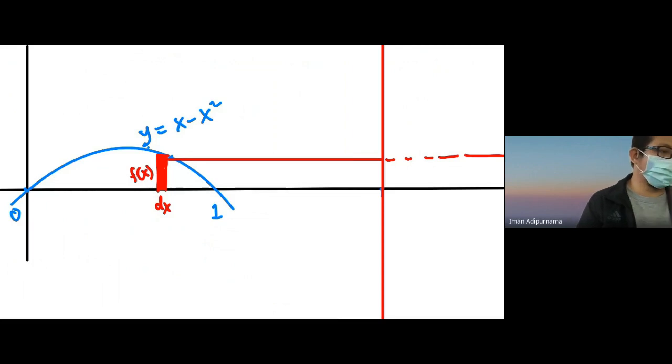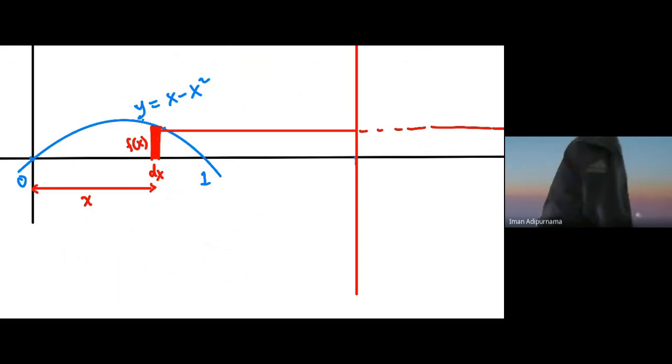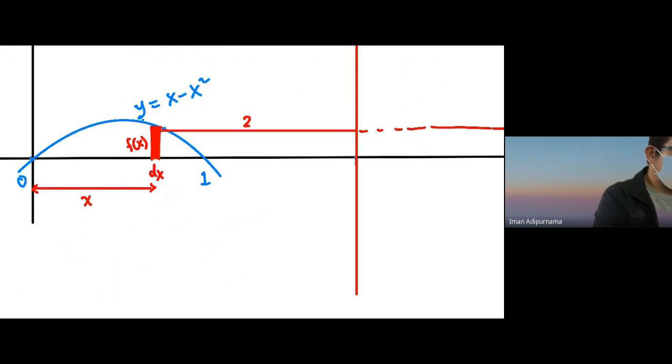For our radius, this is x, up until here. Because this is x equals 2, our radius will be 2 minus x.